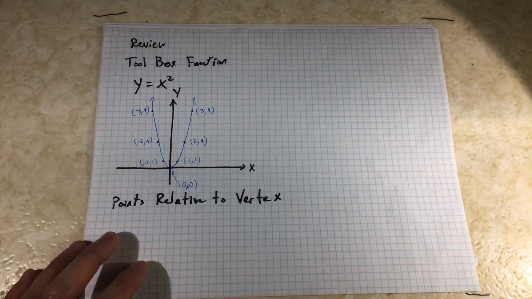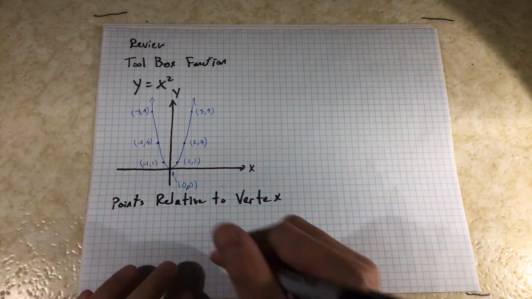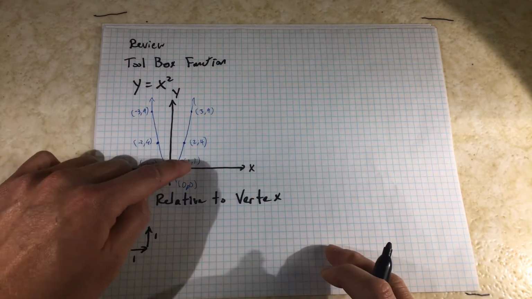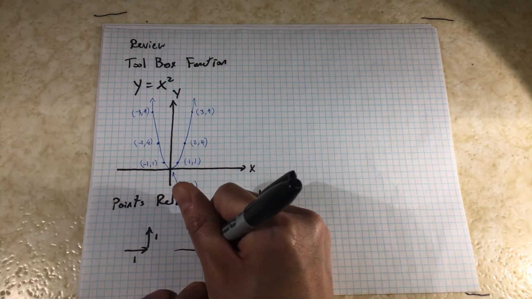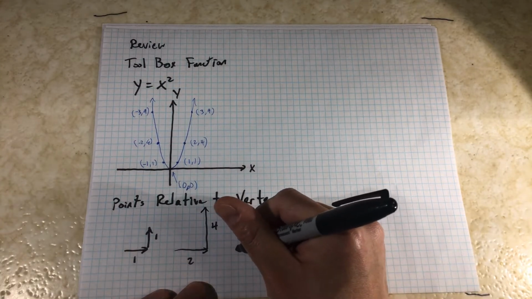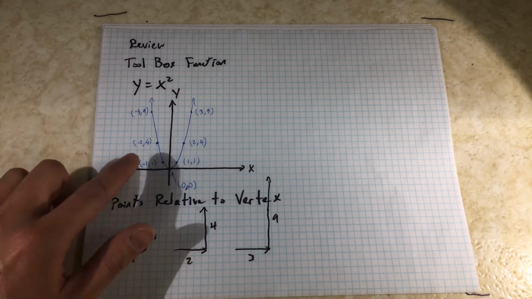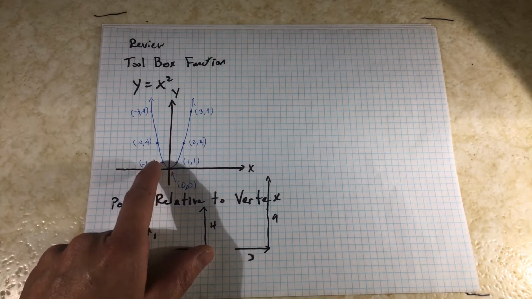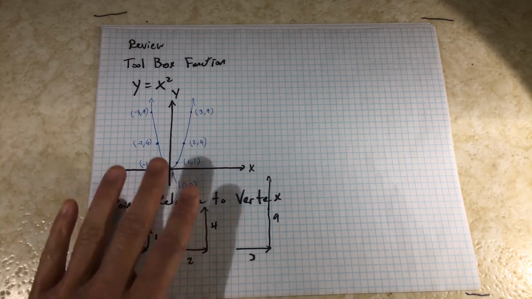There's a certain pattern that occurs here, which is you start at 0, 0, you go over 1 and up 1 to get that next point, and then you go over 2 and up 4. Then you go over 3 and up 9. And you can go the other direction as well. Left 1 up 1, left 2 up 4, left 3 up 9, and you can construct it.